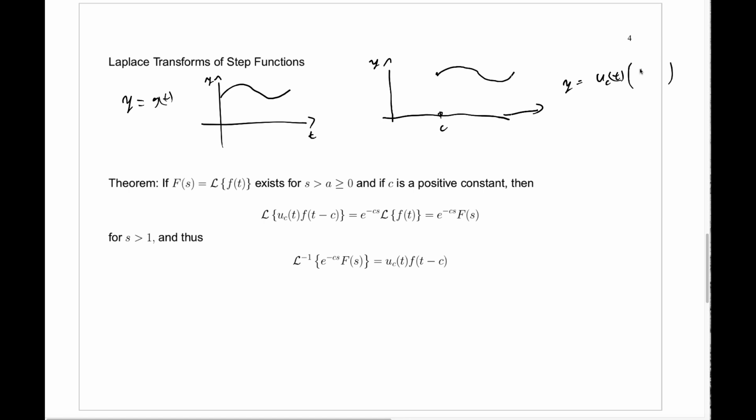And we get that by writing g of t minus c, because g of c minus c is g of 0. That would be what we get here, and then this would just copy the behavior over here. So we can represent functions like this just as a product of a step function and a shifted version of our original function.